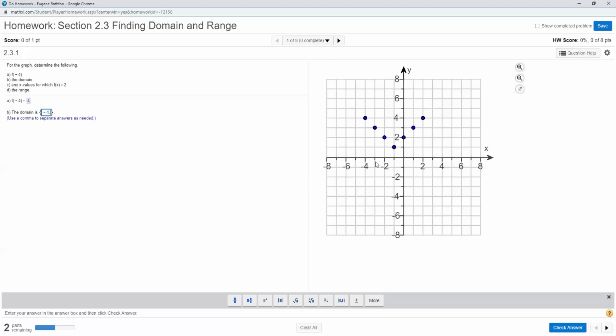The next x value would be right here, at -3, comma. Then I got one at -2, comma. I got a point at -1, comma. A point at 0, comma. Point at 1, comma. And then my last point is at the x of 2. So put all those x's in there and notice you had 1, 2, 3, 4, 5, 6, 7 points. So you had to have 7 numbers in here. Check that.